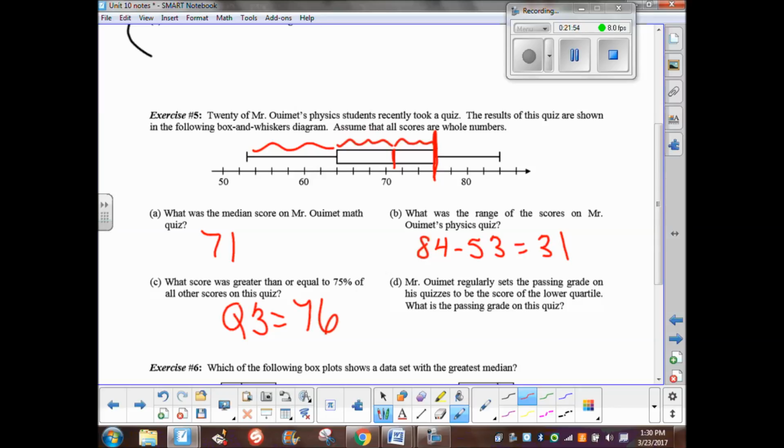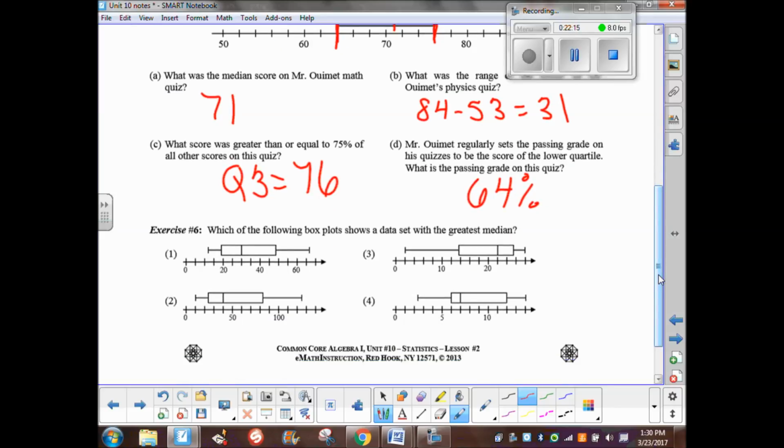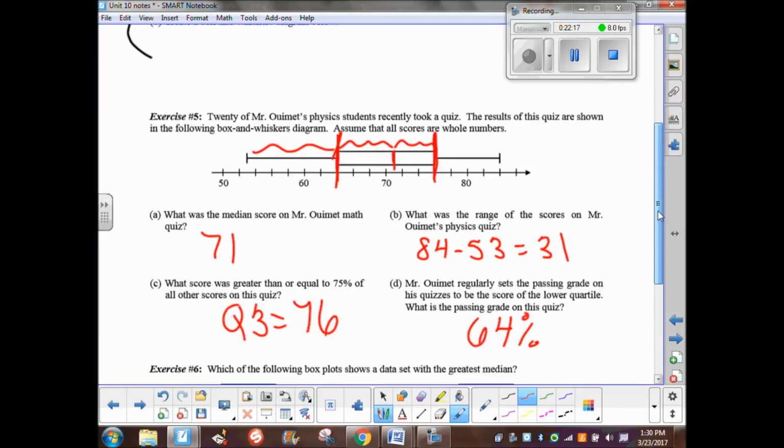Next: Mr. Weemat regularly sets his passing grade on his quizzes to be the score of the lower quartile. What is the passing grade for this quiz? What's the lower quartile? 64, right here. 64 is passing, and we'll skip over that one.